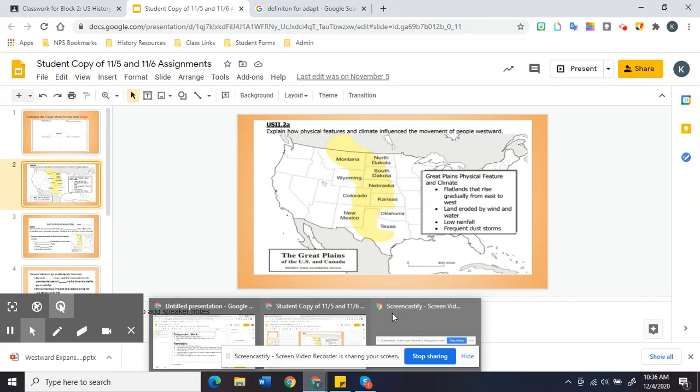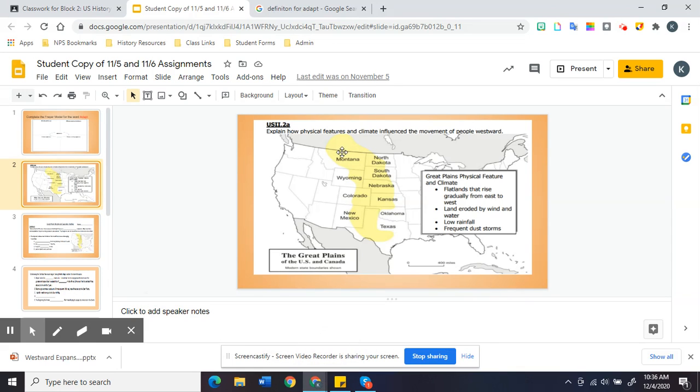So when we talk about the geographic region, it's going to be the geographic region that is the Great Plains. We're talking about this yellowed area, and it encompasses parts of the states of Texas, New Mexico, Oklahoma, Kansas, Colorado, Wyoming, Nebraska, South Dakota, Montana, and North Dakota.